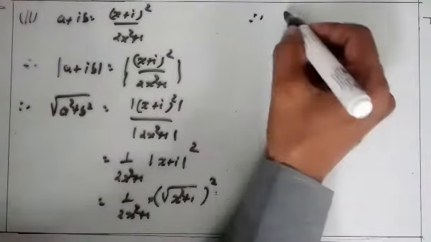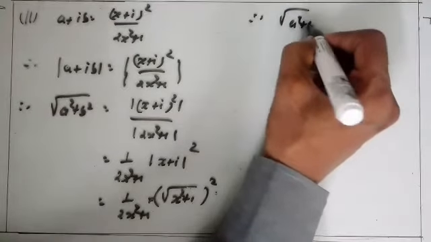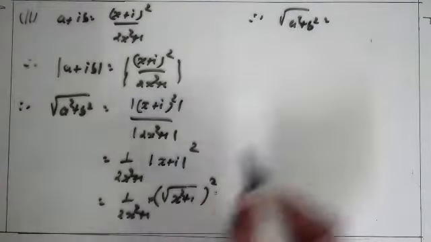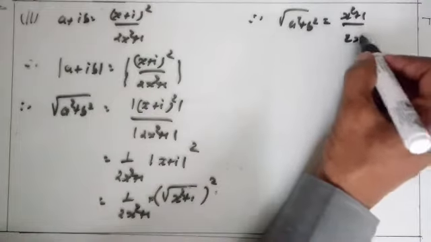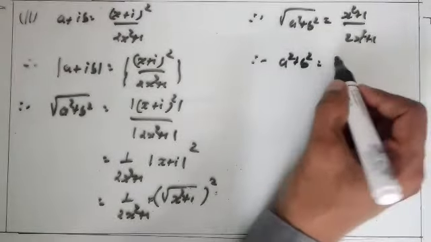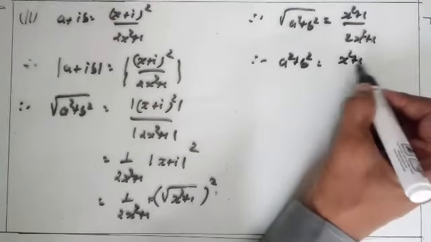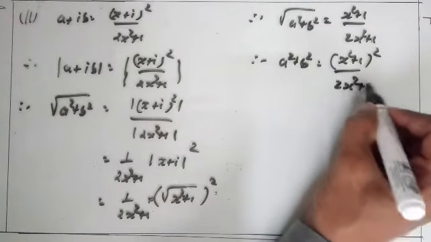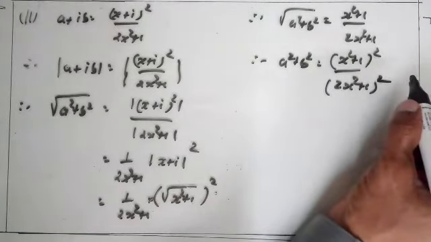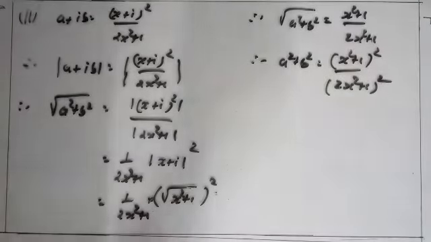Therefore the square root cancels and we get (x² + 1)/(2x² + 1). Now remove this square root by applying the square on both sides: a² + b² = (x² + 1)²/(2x² + 1)². Clear? Hence proved.